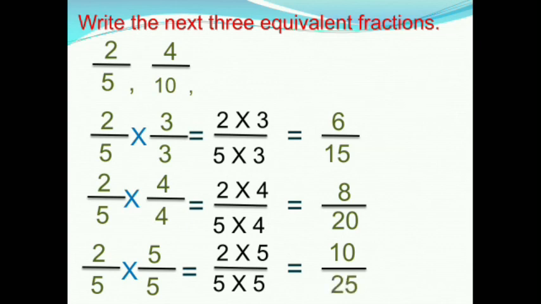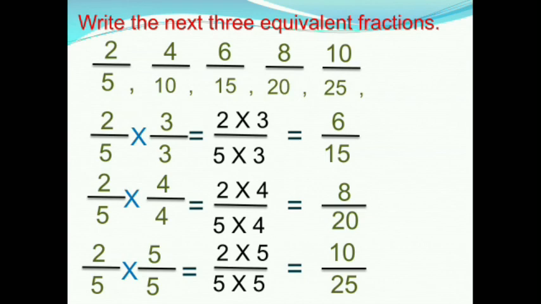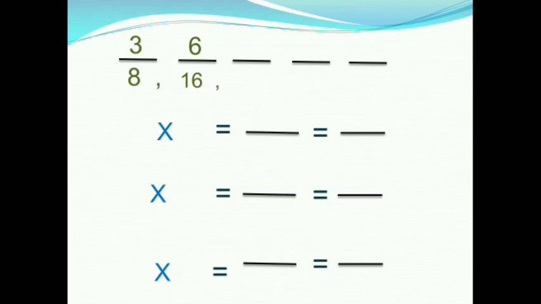The next equivalent fraction is 10 by 25. Therefore, the equivalent fractions of 2 by 5 are 4 by 10, 6 by 15, 8 by 20, 10 by 25.